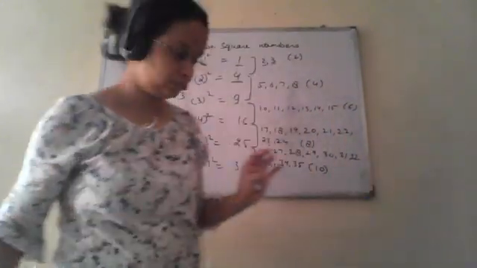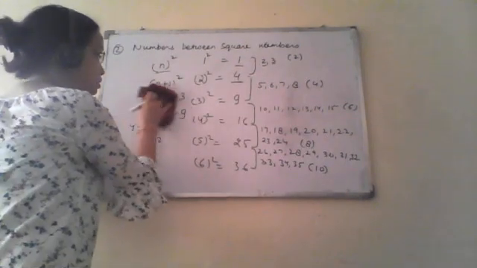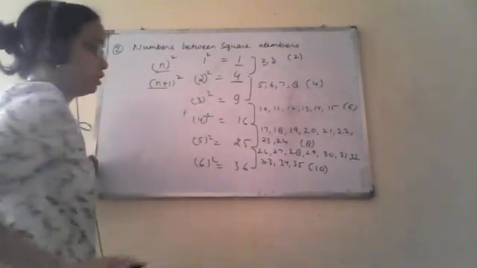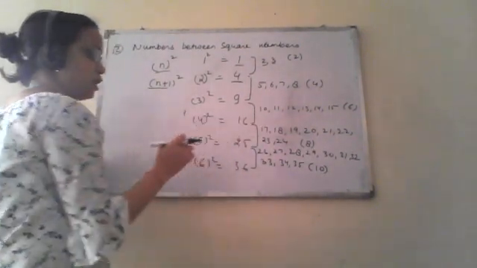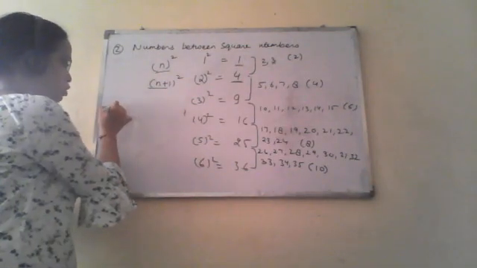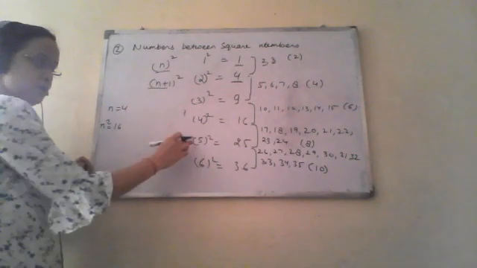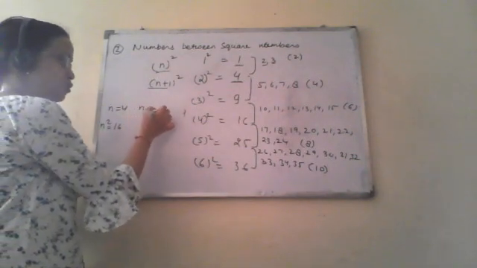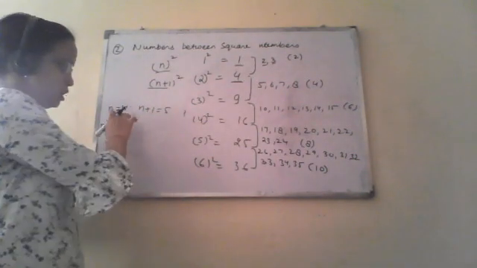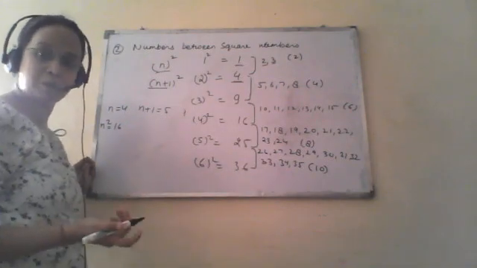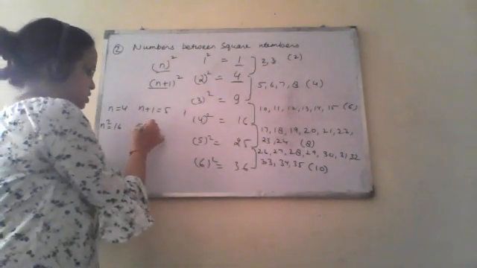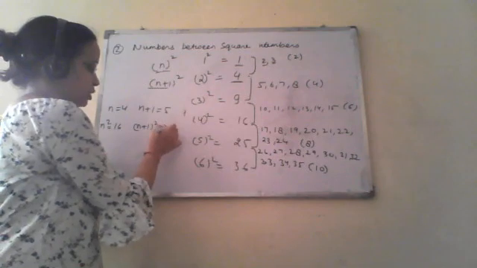Clear? One more example we can have here. Say the value of n is 4, so n squared is 16. n plus 1 is 4 plus 1, that is 5, and (n plus 1) whole squared will be 25.